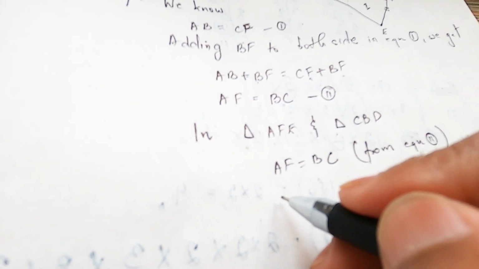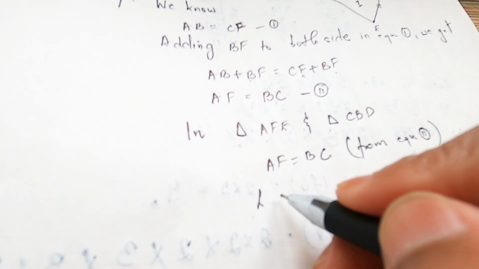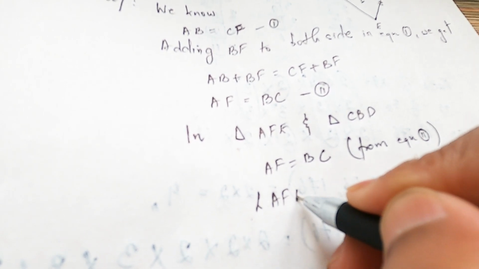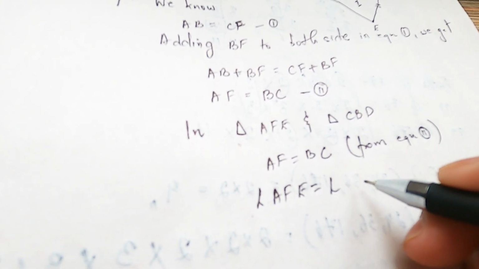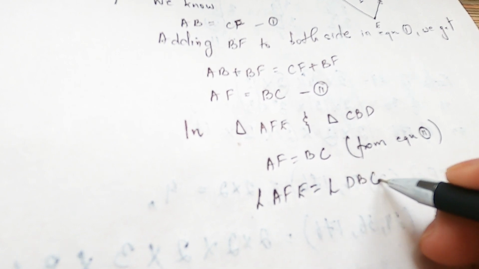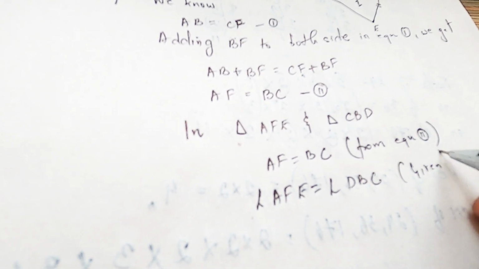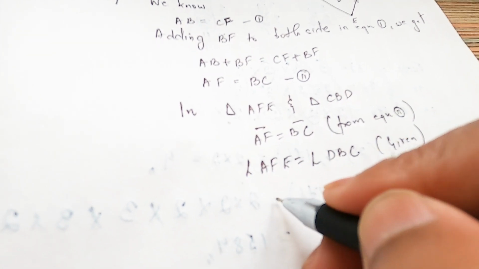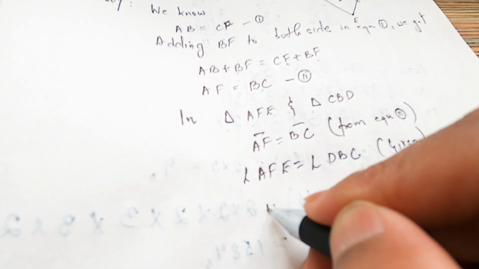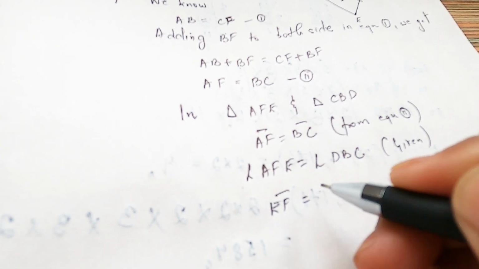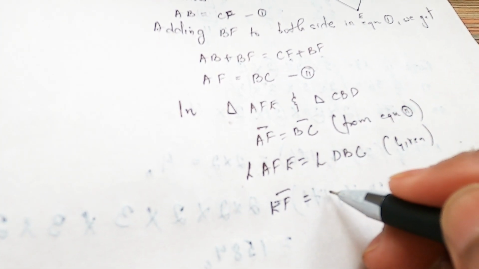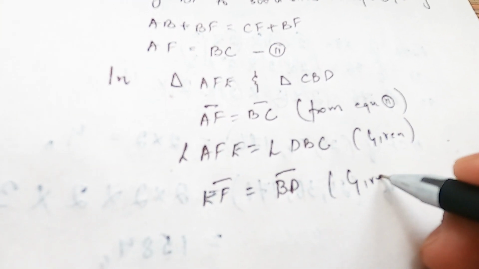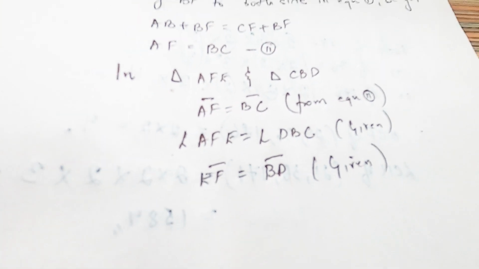All right, then angle AFE is equal to angle DBC. This is given from the question. And line segment EF is equal to BD. All right, this is also given from the question.